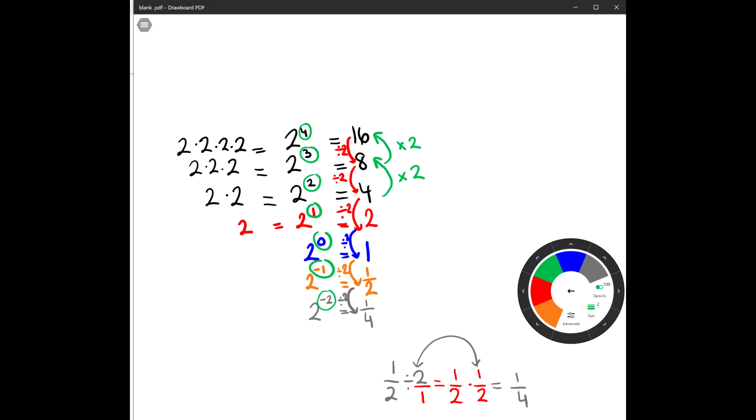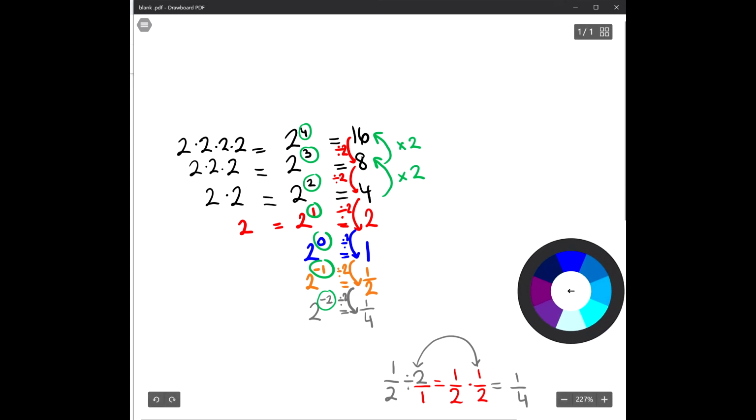What we really notice is that when you have a negative power, everything is flipped over compared to the positive power.